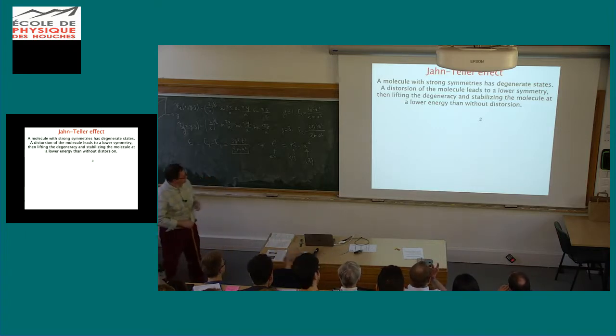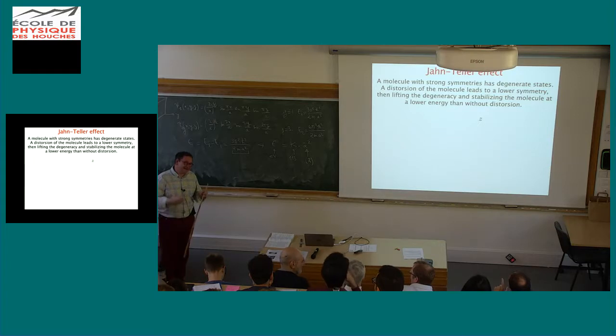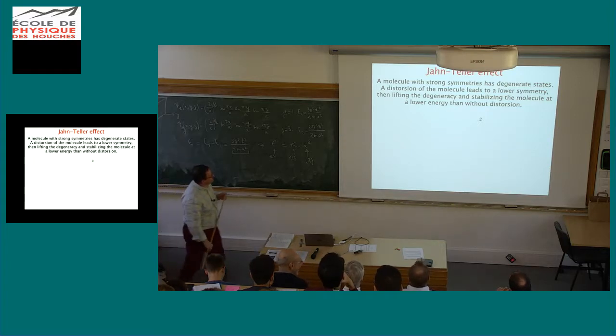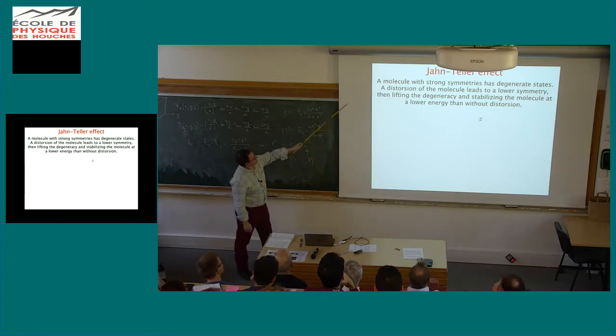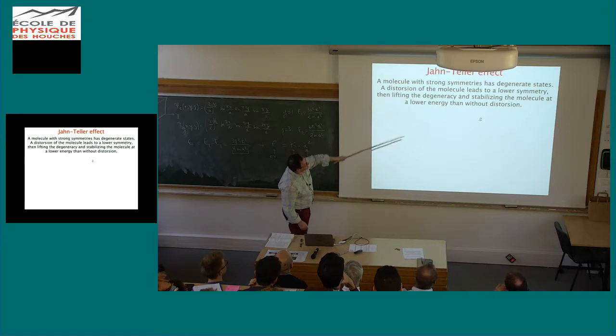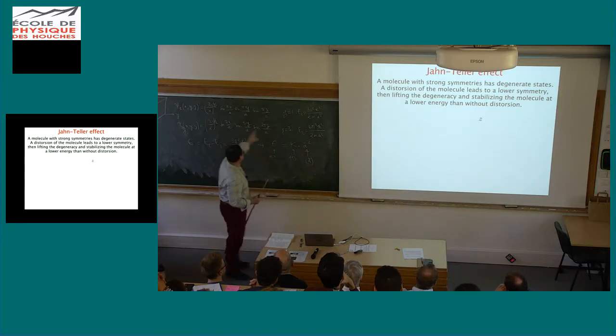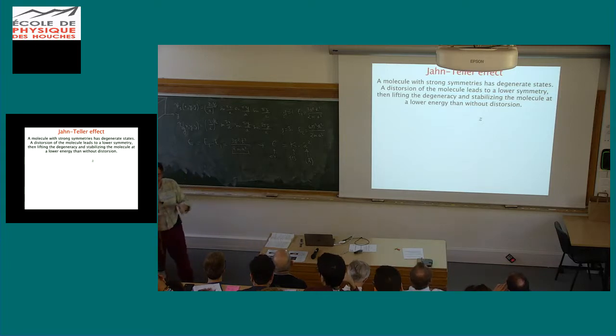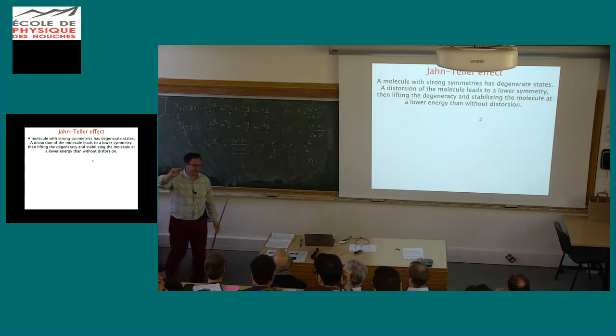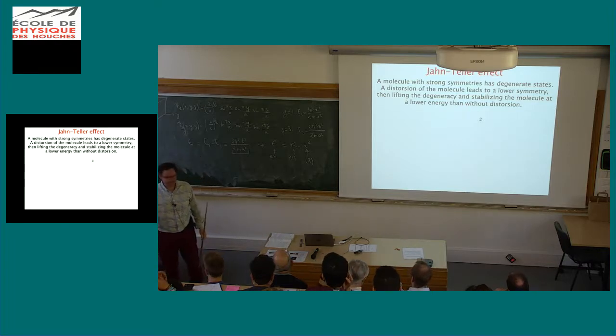The idea behind it is, taken from a textbook: a molecule with strong symmetries has degenerate states. Yes, okay, so it's exactly that model. I started with my electron in a box, and we see that the second level has a degeneracy of 3.